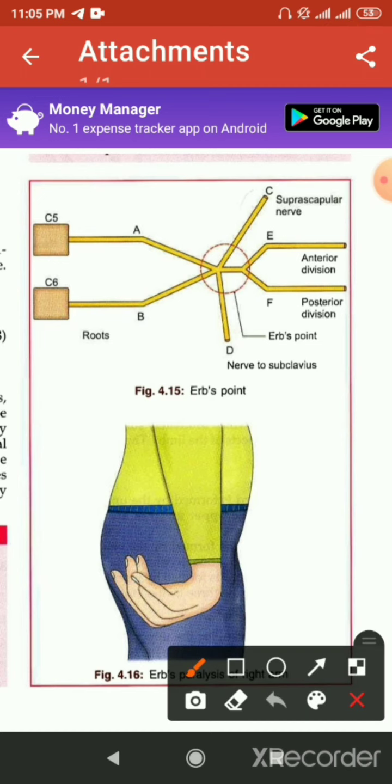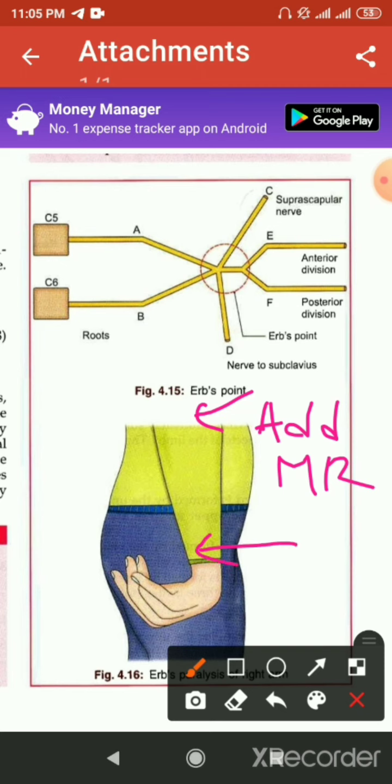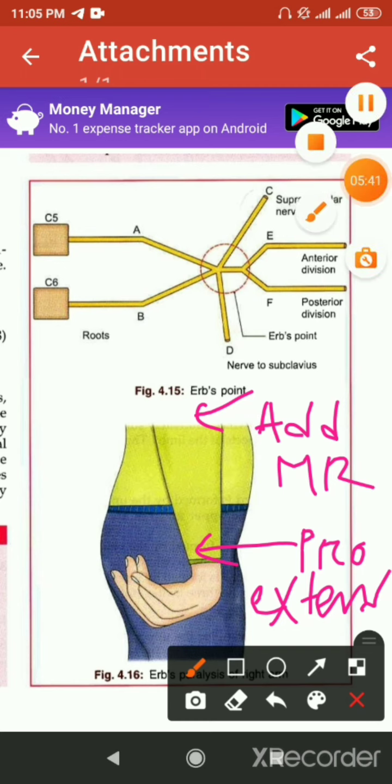Here the arm is adducted and medially rotated, and the forearm is, look at that, the forearm is pronated and extended. So in Erb's paralysis, the arm is adducted and medially rotated, and the forearm is pronated and extended.